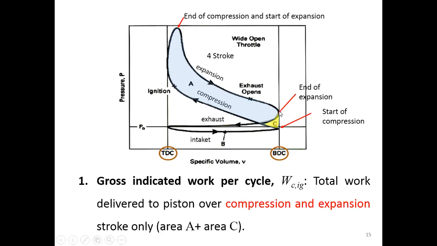So the area that represents the gross indicated work per cycle, covering the compression and expansion strokes, is the combination of the yellow area and the blue area, or the area A and the area C. This area represents the gross indicated work per cycle.